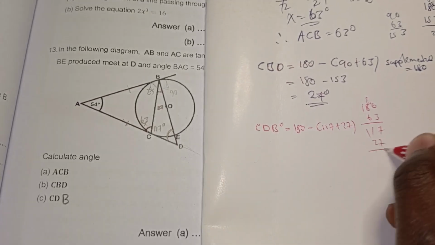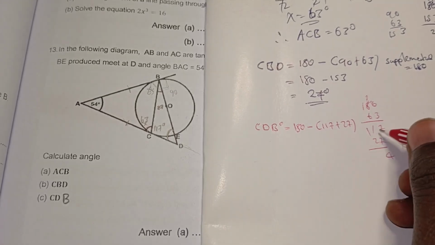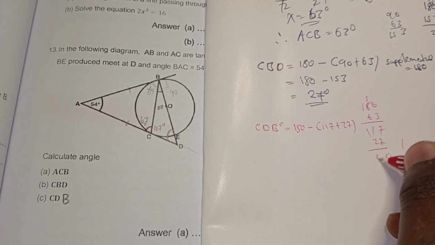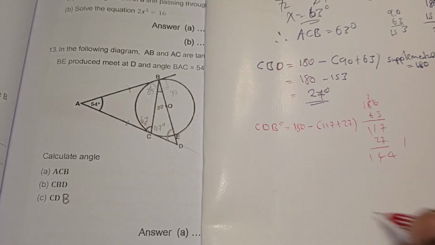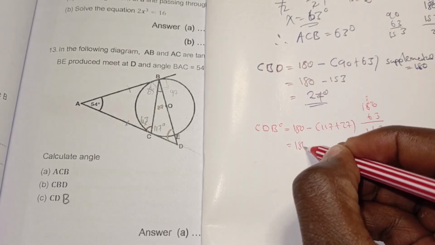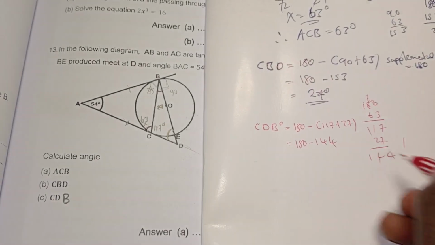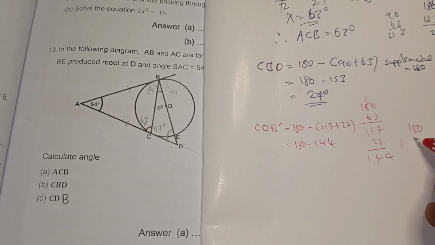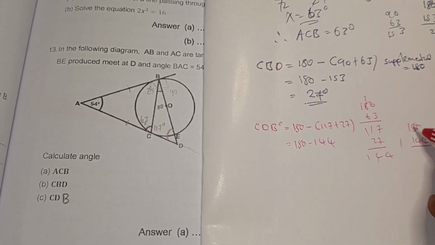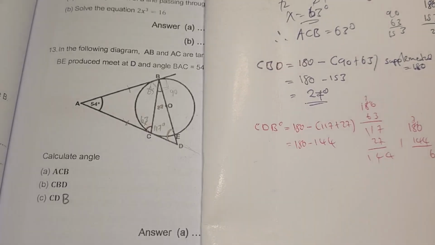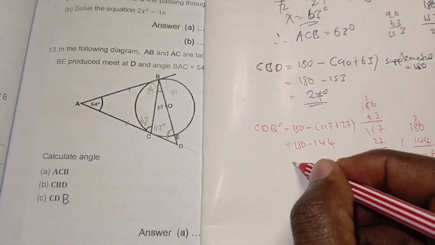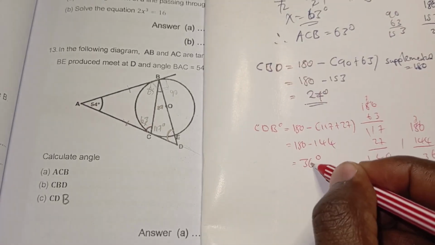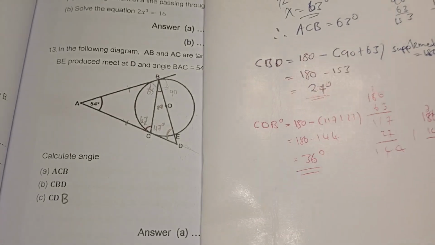Adding gives 144. So 180 minus 144 should be 36. So that is the answer, 36 degrees.